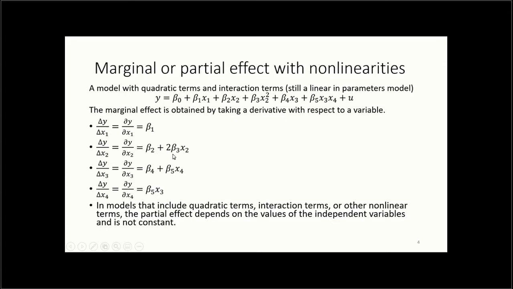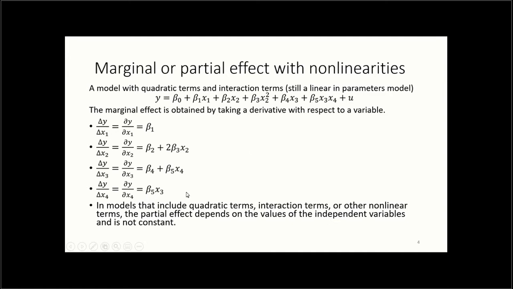So notice what is happening here. This x2 term is not going away. So now we have a variable in our partial effect, no longer just the coefficient. Then the change in y over the change in x3, we have the beta 4 coming from here, and then plus beta 5 times x4. And the change in y over the change in x4 would be beta 5 times x3.